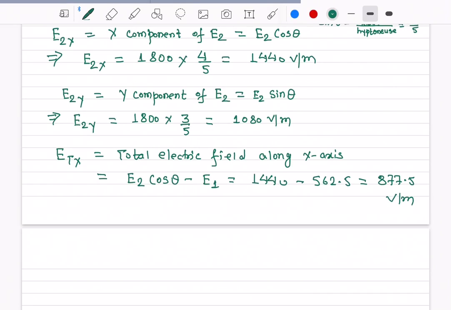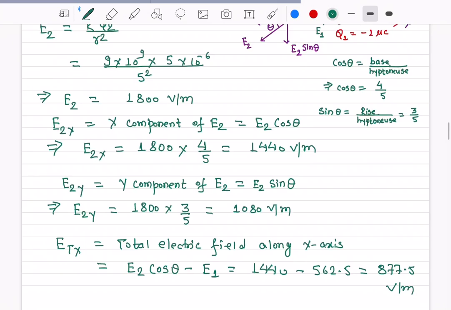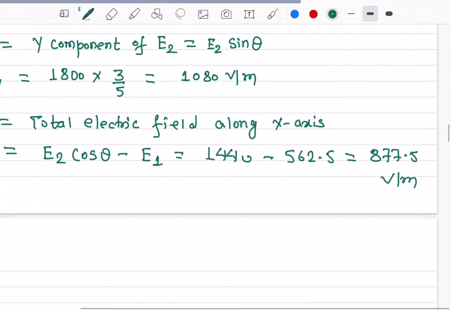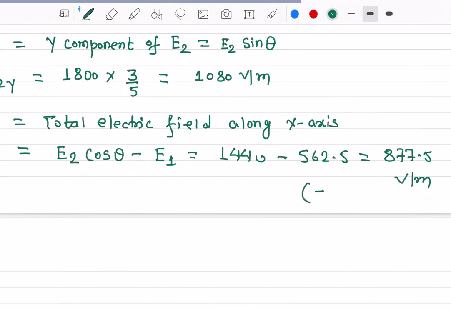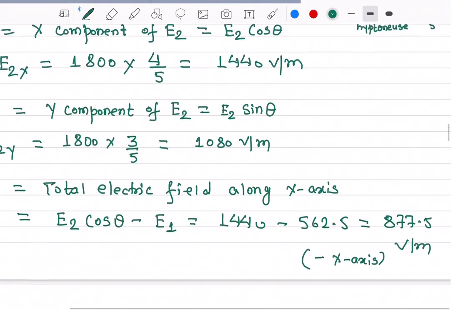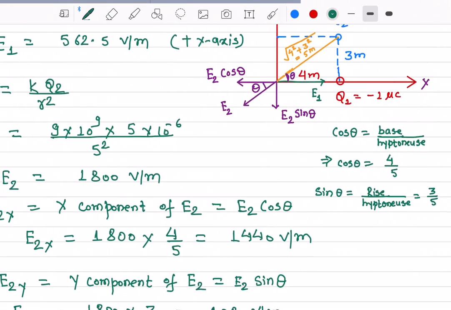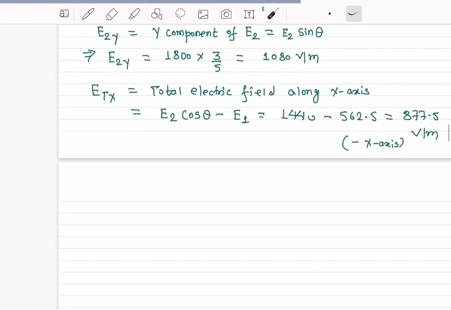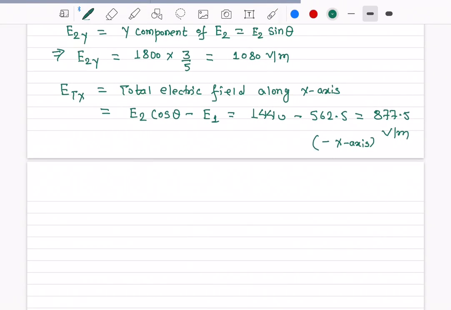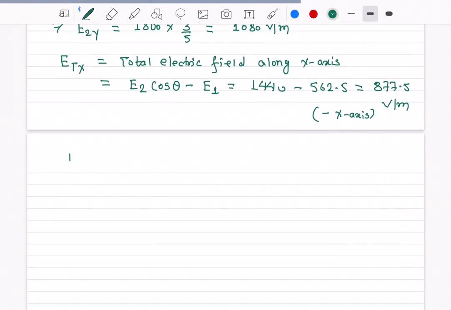If we solve it, what we get is 877.5 volt per meter. That's the total electric field along the x-axis. And remember, this direction is negative x-axis. Why is that? Because E2 cosine theta is greater than E1. So the resultant field is along the negative x-axis.